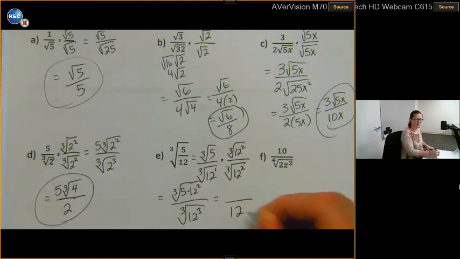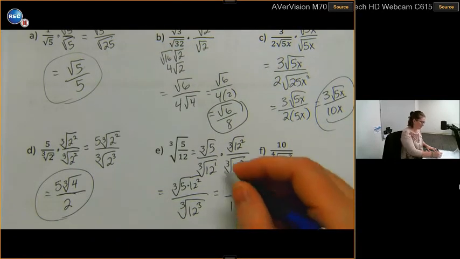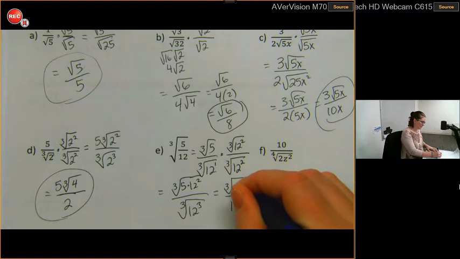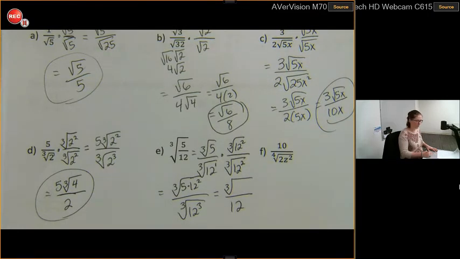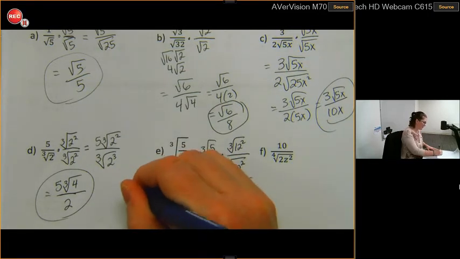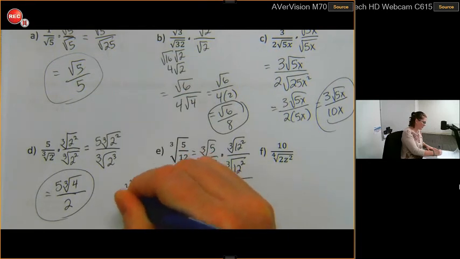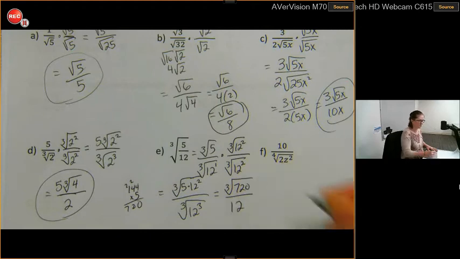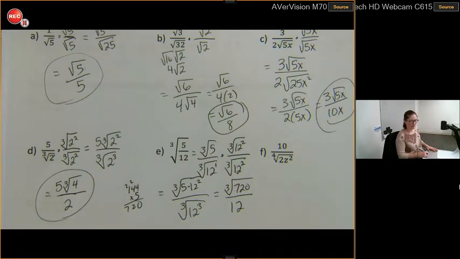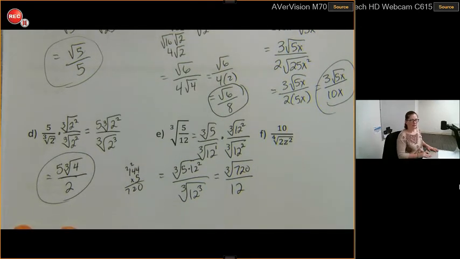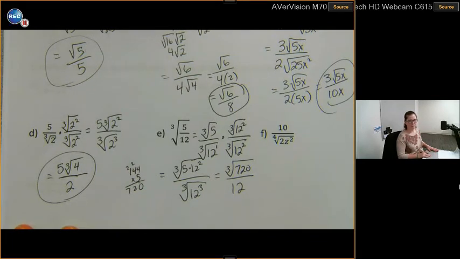So the denominator is just 12. The numerator, that's 5 times 144. I don't have that written down, so let's take 144 times 5 real quick to get 720. Now I'm looking to see, do I know a perfect cube that goes into 720?